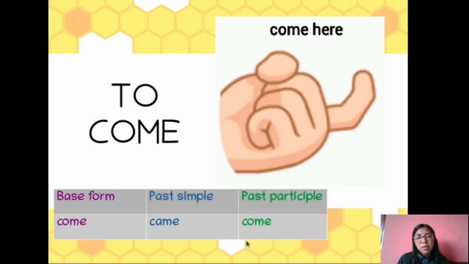And what is the meaning? Pay attention here. Come, venir. In this case, come here, ven aquí. Okay, that is the meaning. For example, my father comes to the house. Okay? Or my father came in past to the house.